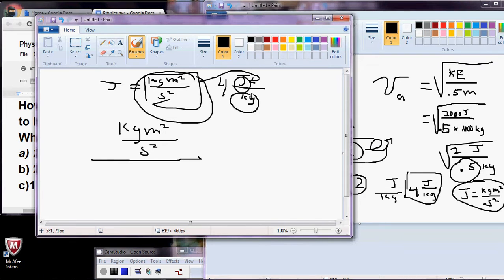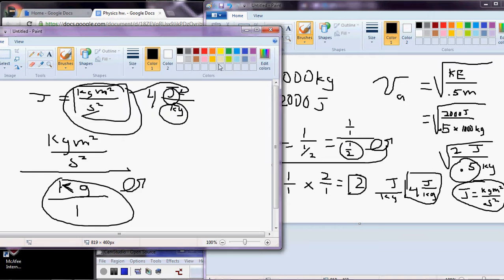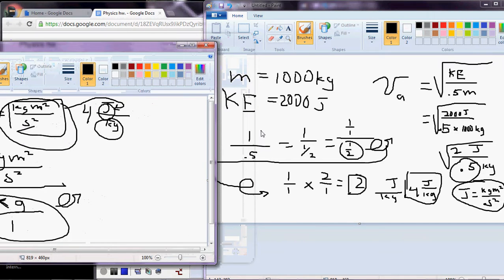Now we're going to have to divide by kilograms. What's kilograms? Well, anything divided by 1 is itself, right? So kilograms over 1. Now we're going to have to do the same thing here. We have to flip it. Just like this example, anything divided by 0.5, you have to flip it and multiply by the flipped.